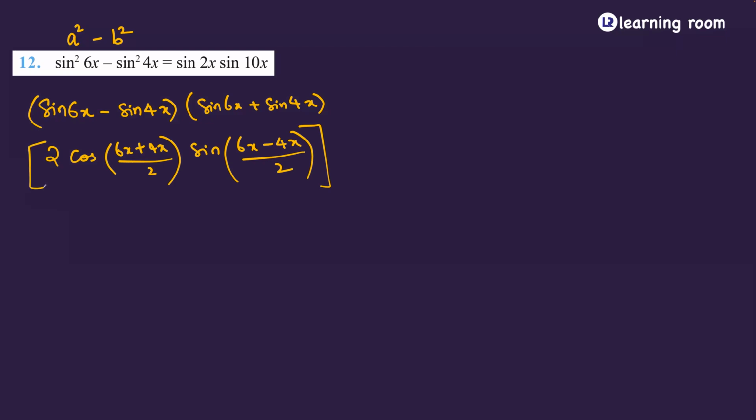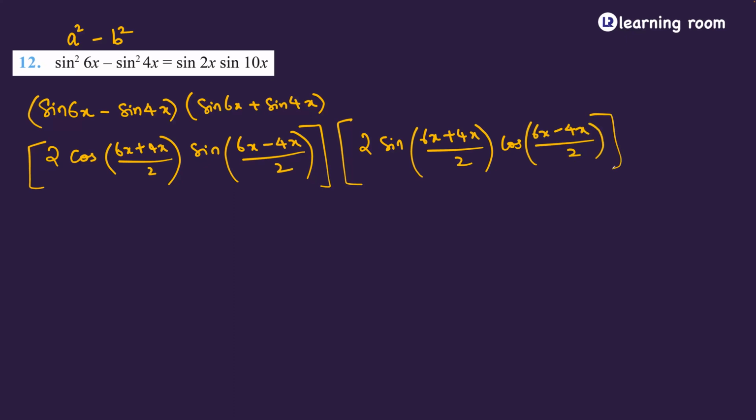Here it is sin c plus sin d, so it is going to be 2 times sine of 6x plus 4x by 2 cos of 6x minus 4x divided by 2.